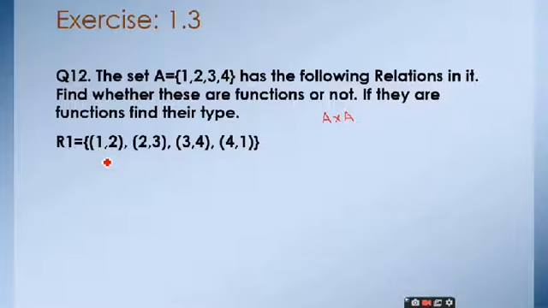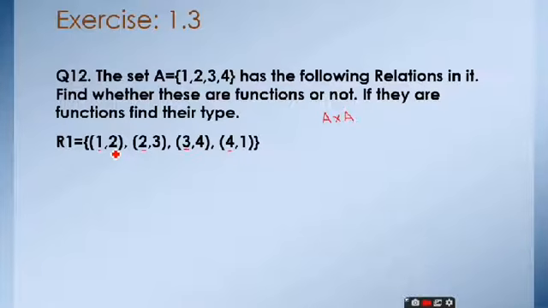According to the condition of the function, the domain is equal to set A. The domain is 1, 2, 3 and 4, and if we see the elements of set A, they are also 1, 2, 3, 4.